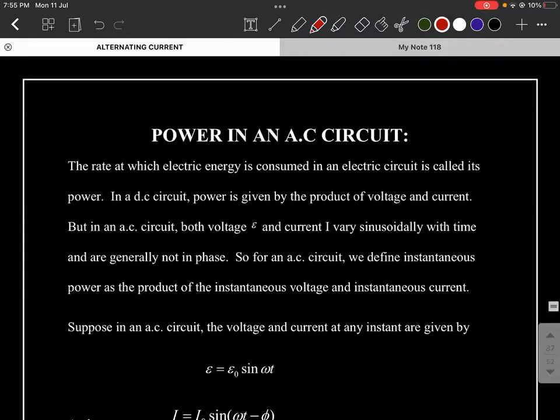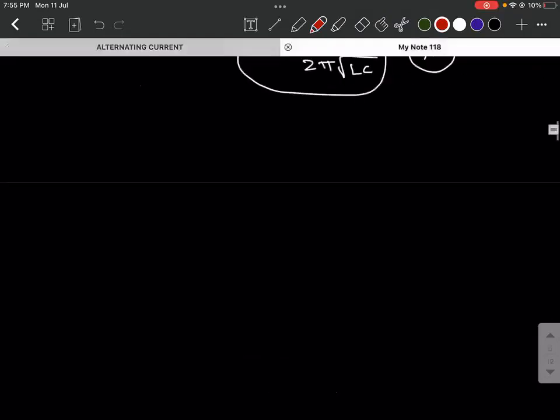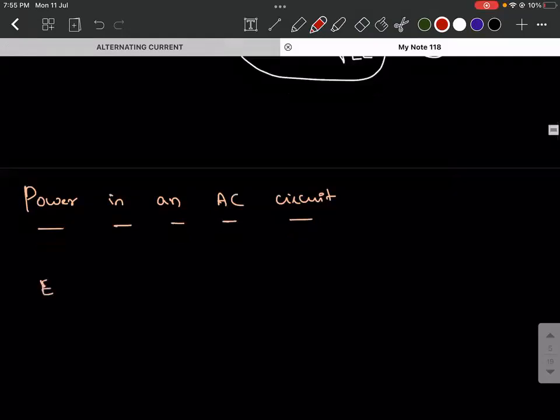So, we'll discuss one last concept for the day, which is called power in an AC circuit. So when I say power in an AC circuit, what does electric power mean?